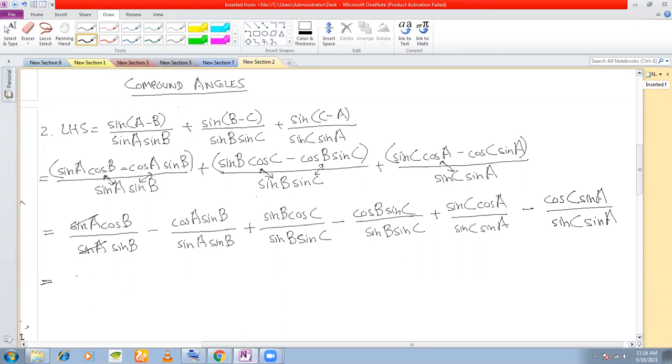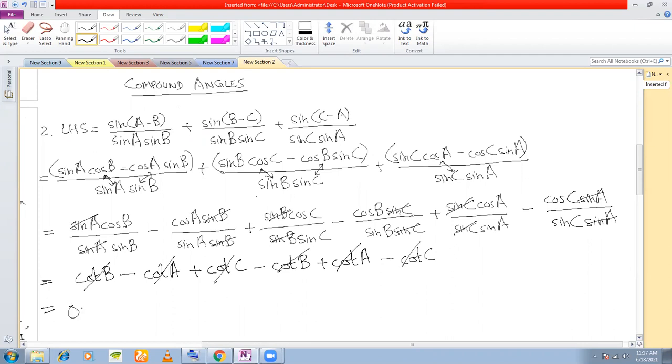We're only left with cos B by sine B, which is cot B. Minus, here sine B cancels, we're left with cot A. Here again sine B cancels, cos C by sine C is cot C. Here sine C cancels, we're left with cot B. Sine C cancels, cos A by sine A is cot A. Minus, and finally sine A cancels to get cot C. So plus cot B minus cot B minus cot A plus cot A plus cot C minus cot C, all will cancel to give you 0, which is equal to your right hand side. And that is proved.